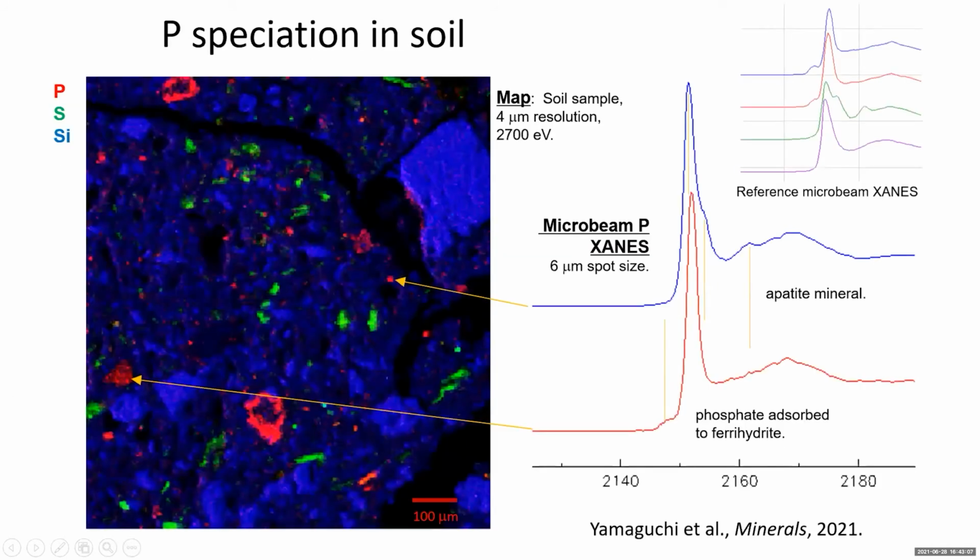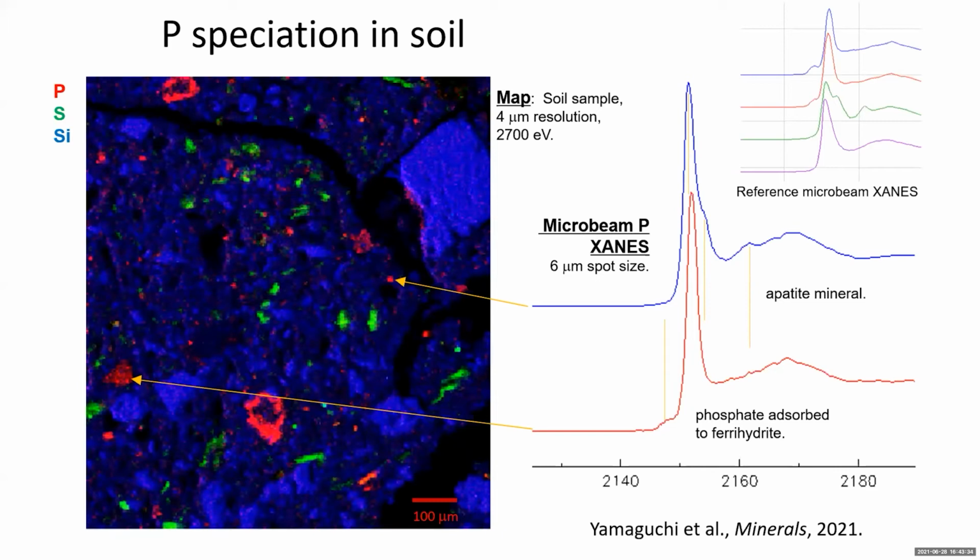Looking at some data, this map shows the complexity of phosphorus in a typical soil. Phosphorus is shown in red, sulfur is in green, silicon is in blue. So you see a number of silicate grains. The sulfur hotspots, all of the green particles, are mostly bits of organic matter.